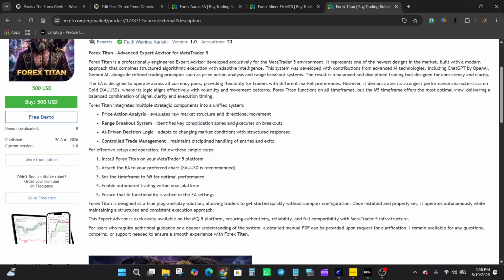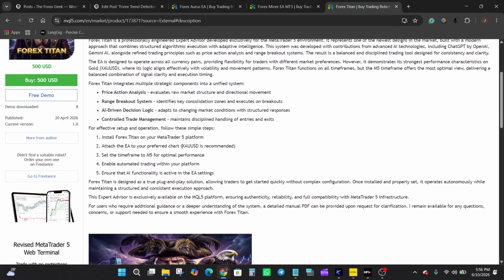I can also see setup instructions are kept quite straightforward. You install it on MetaTrader 5, attach it to your chart, preferably XAUUSD, set the time frame to M5, enable auto trading, and ensure the AI functionality is active in the settings. It is clearly positioned as a plug and play type of system with minimal configuration required.